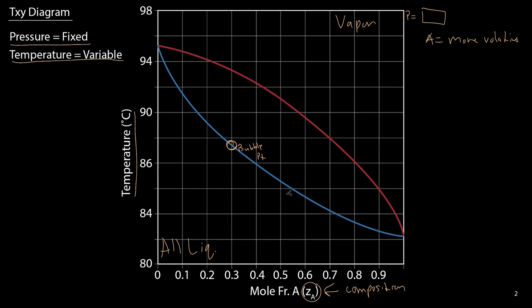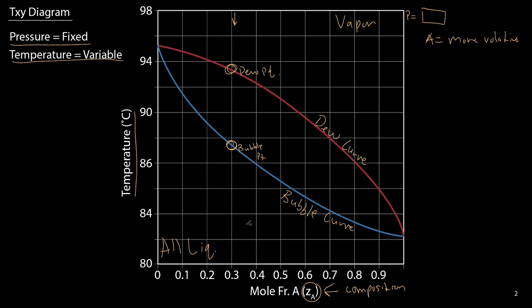Likewise, this curve is the bubble curve. Conversely, if we come down from an all vapor point, this here is going to be the dew point, and likewise this is the dew curve.